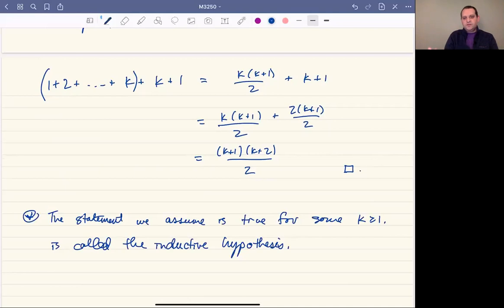You had to come up with this formula on your own, and then you can check it with induction. So induction is not a method that we're going to use to predict a formula. It's going to be a method that we'll use to prove that a formula is true. Okay, so I think it's good to keep that in the back of our mind just for reasonable expectations. But there's our first example of mathematical induction. So in the coming videos, we'll talk about a few more examples.